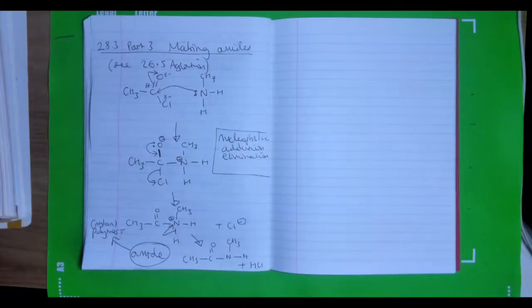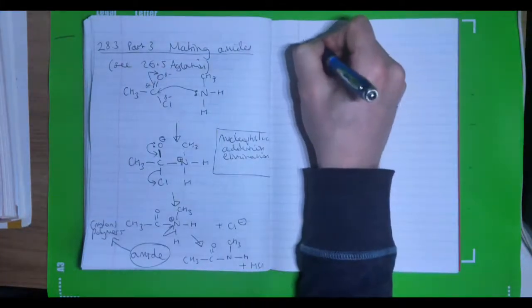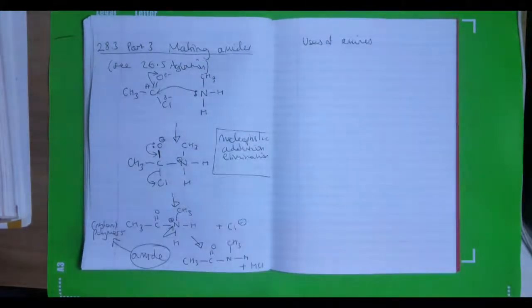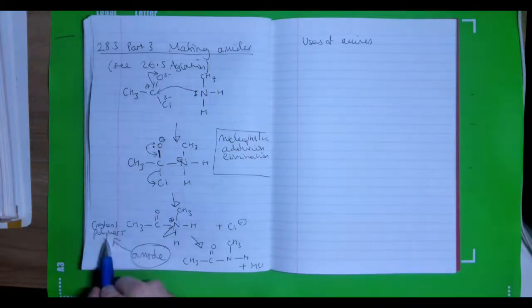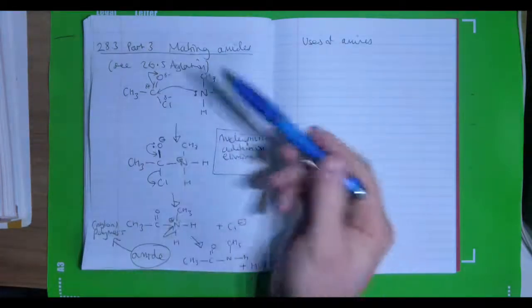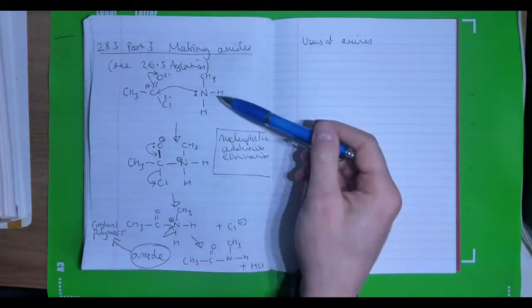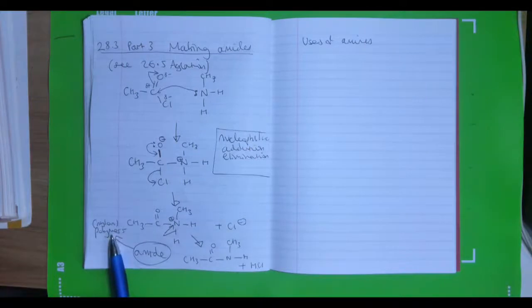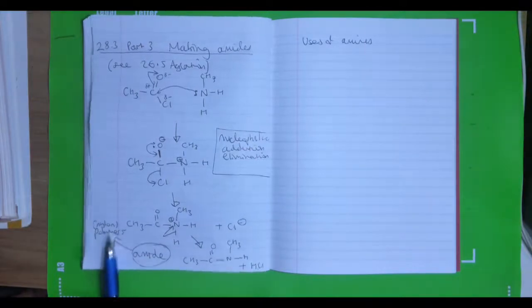And we need to know a use of amines as well. Amines are used in the manufacture of materials such as nylon. So one use of an amine is to make polymers called nylon. Don't say we use them as polymers, because they're not polymers.